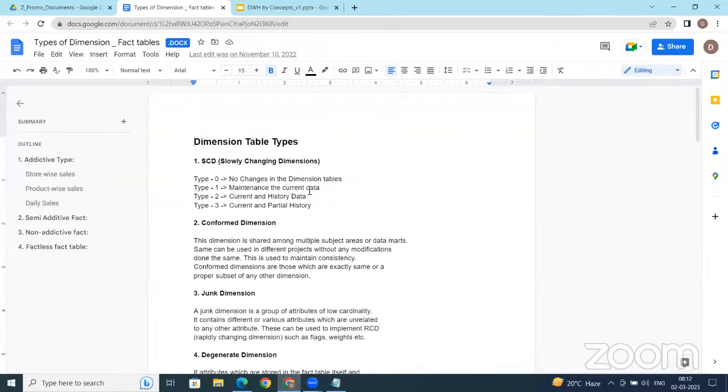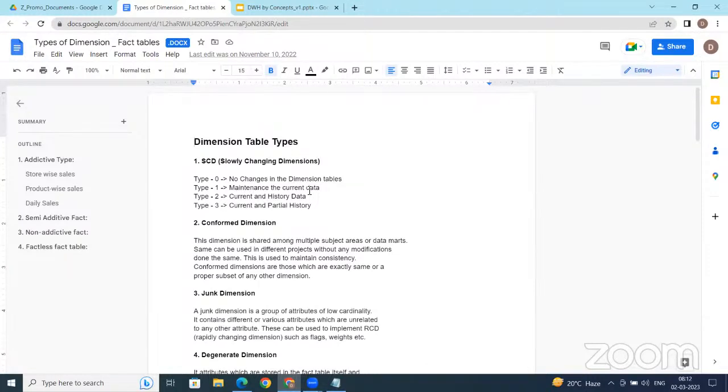Suppose sales information: the sales dimension means what sales transactions happen. Also the product dimension, where all the product information will be there. Customer dimension. Store dimension, all the stores information. So anything that deals with a specific subject of an enterprise will be considered a dimension table.